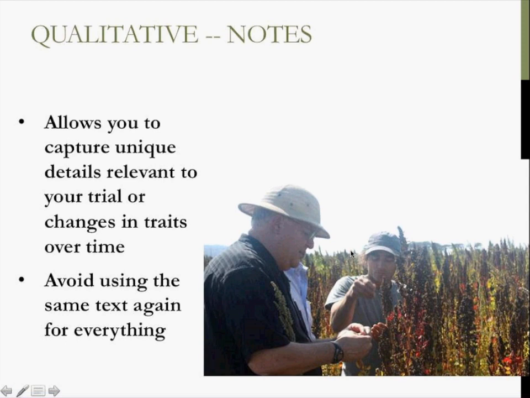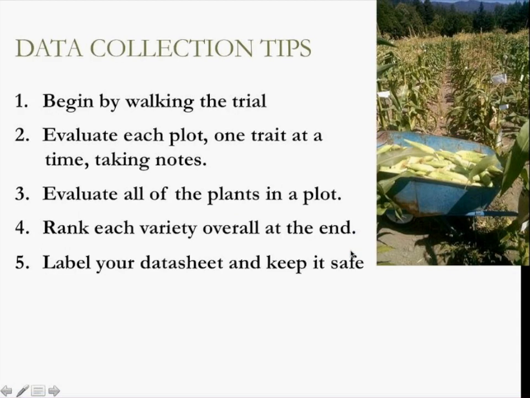If you're going to take notes on something, walk through the whole trial and make sure you have all of the plots accounted for, so that if you like a certain variety and it doesn't have any notes about disease incidence, you know it's not just because you forgot to take notes on disease incidence for that plot, but because it didn't have any diseases that were significant.